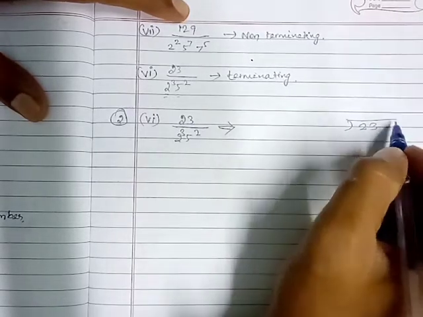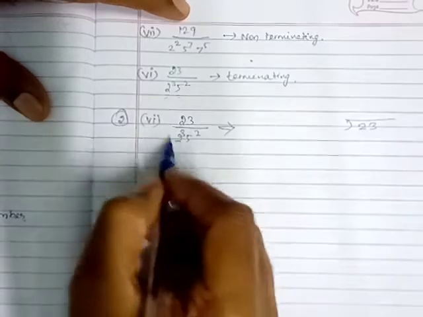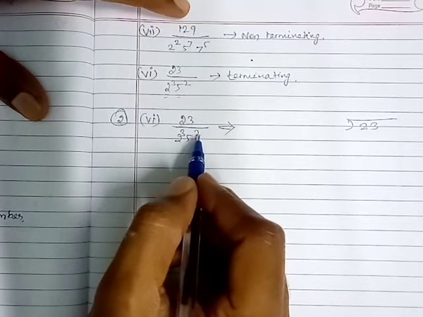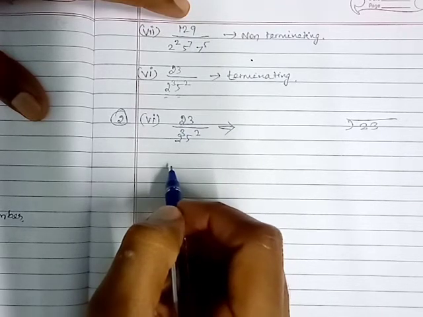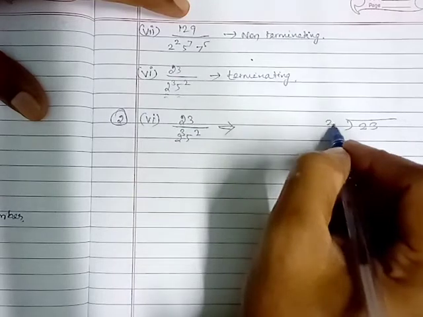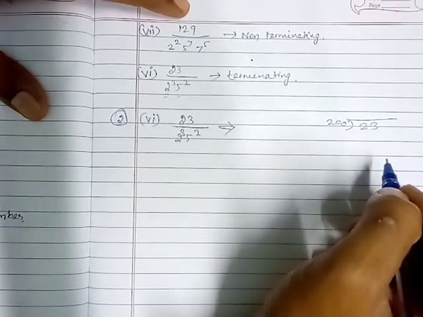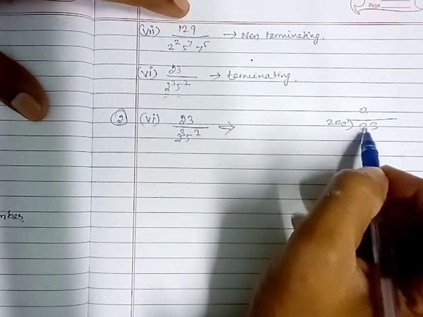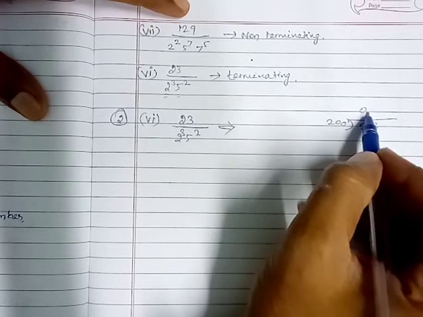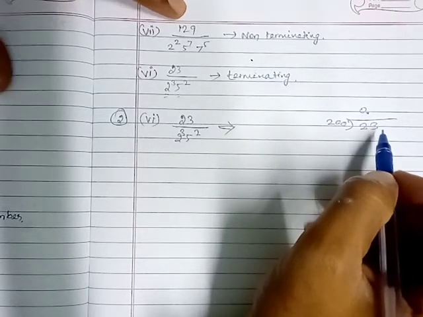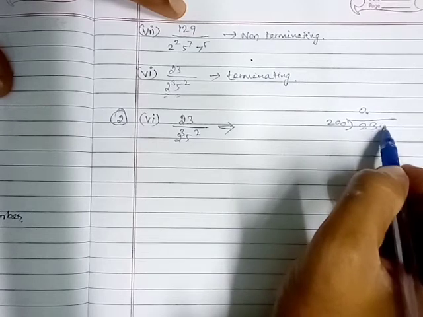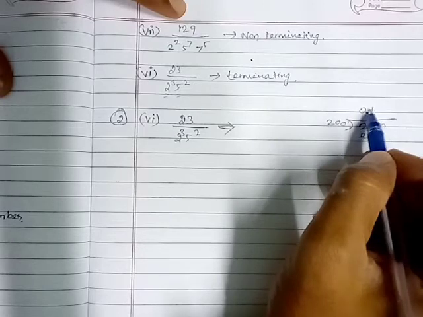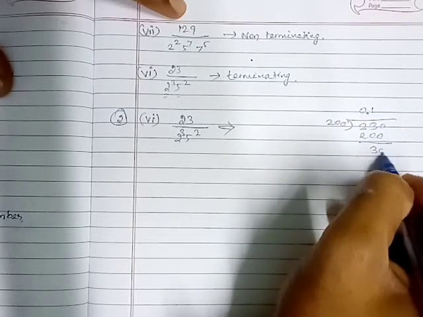23, and you should take both the values. 2 cube is 8, 5 squared is 25. 8 25s are 200, right? 200. So here, you cannot accommodate 200 in 23, so you should put a dot, then add a 0 to make 230. 200 goes one time, balance 30, right?